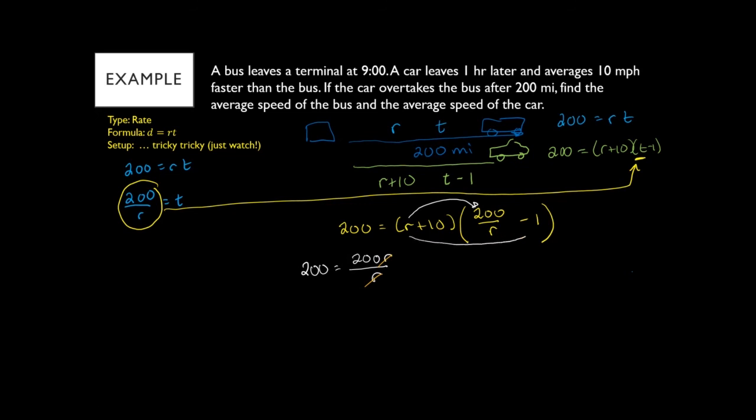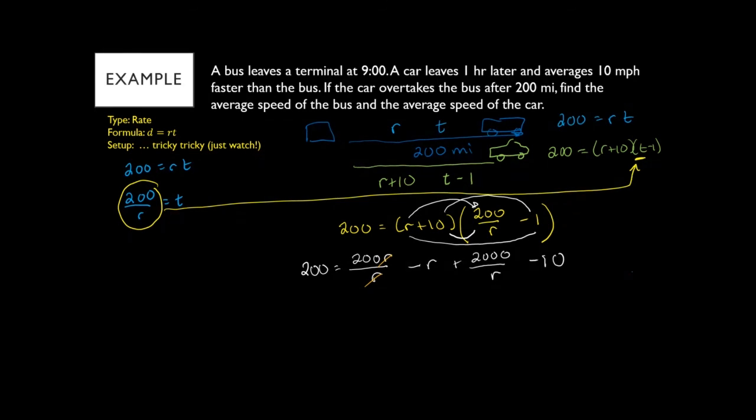So FOIL, now I need to do the outsides. R times -1, so that's going to be minus R. Then I have 10 times 200 over R. So you do 10 times 200, which is 2,000 over R. And then 10 times -1, so that's going to be -10.